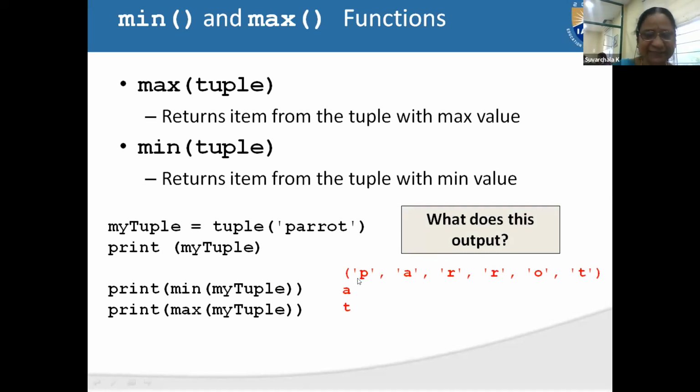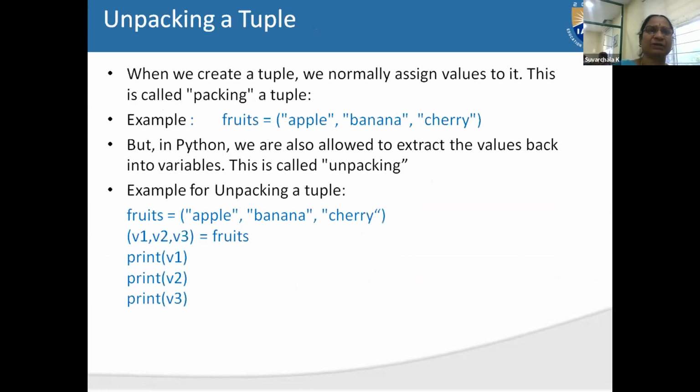I explained this in yesterday's class. The minimum is decided by ASCII code, so A is the minimum, and in ASCII code T is the maximum. You can take any tuple. Min and max functions work the same way for tuples.